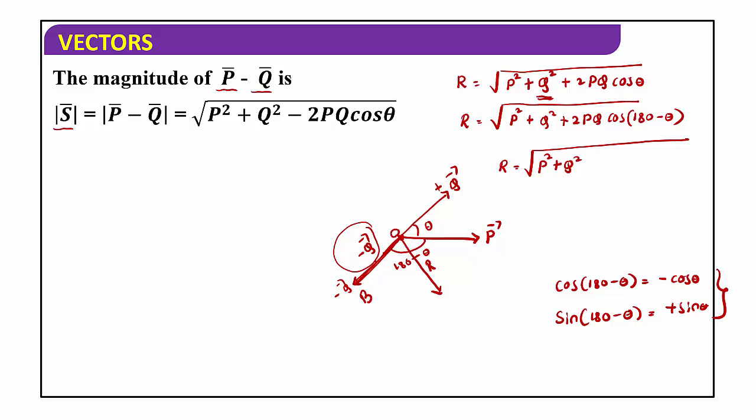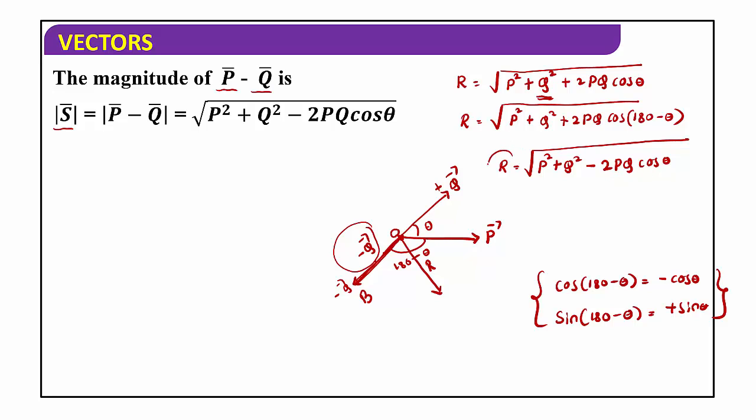These points you should remember, and you have studied them in mathematics. Is it clear? So minus into plus will be minus 2PQ cos theta. What is the expression? R equal to square root of P square plus Q square minus 2PQ cos theta.